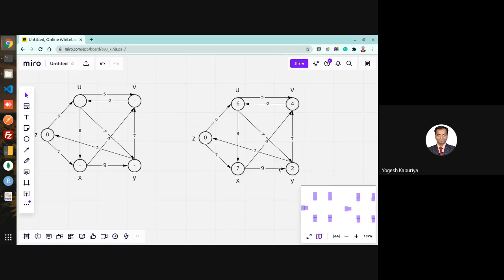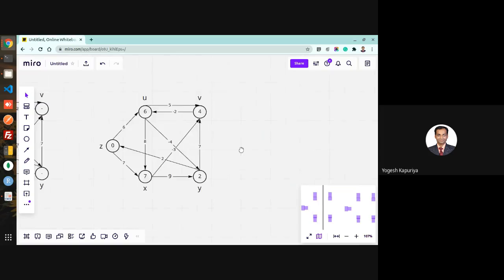Next is 7 plus 9, 16, which is greater than 2, so no change. Next is y. Outgoing edges 1, 2 and 2, 4. This is 0, so no change. 2 plus 7, 9. This is 4, so no change. So we have repeated one time, right?